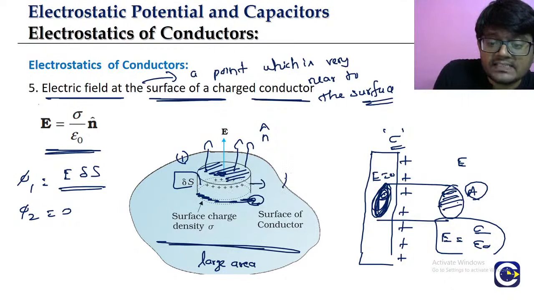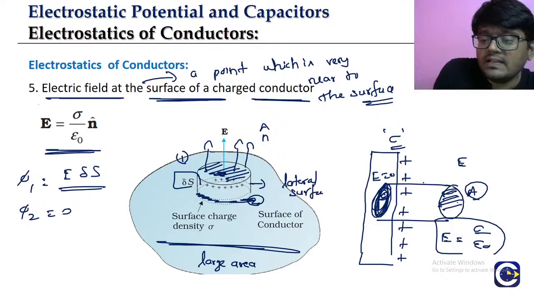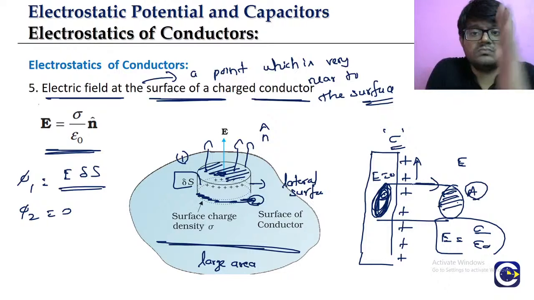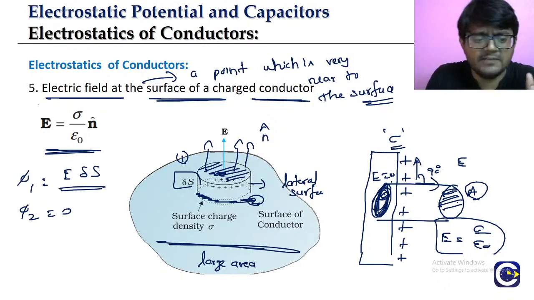The lateral surface: look here, the field is like this, normal to the plate. The lateral surface area, how will it be? So the angle between them is 90. Same as what we saw there.